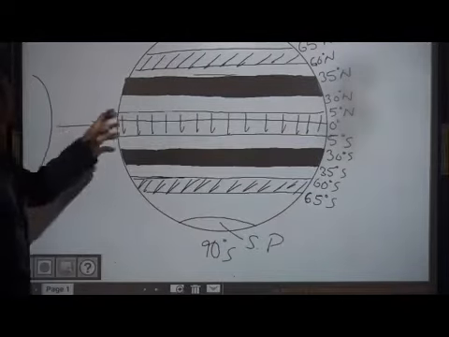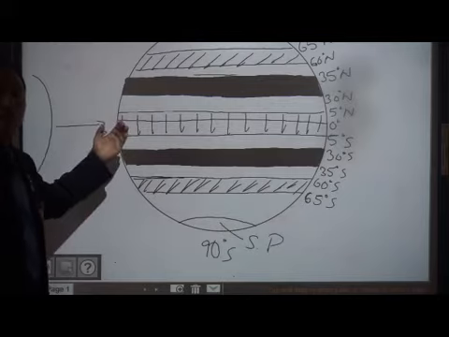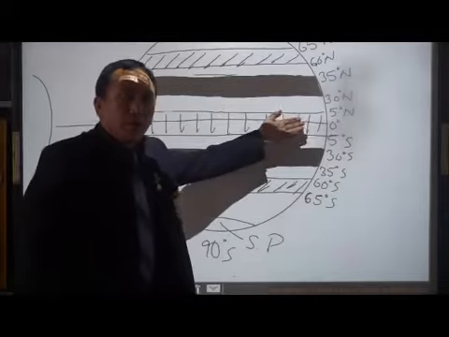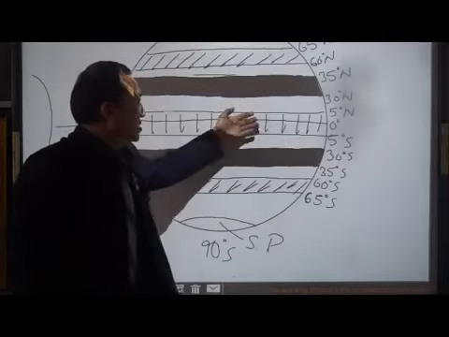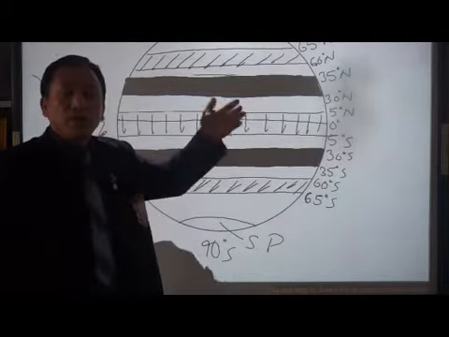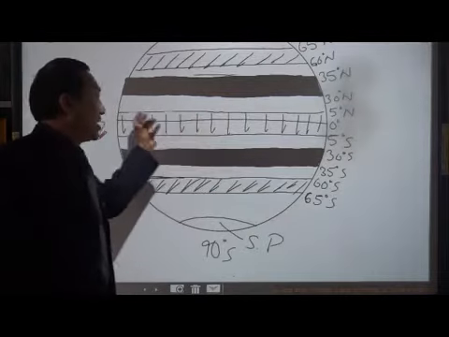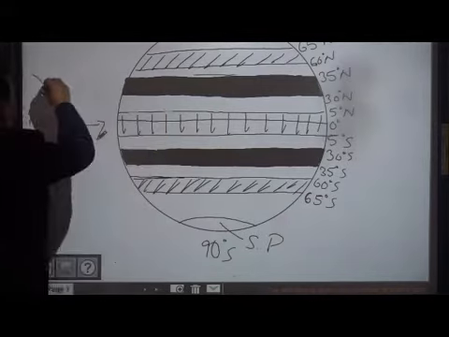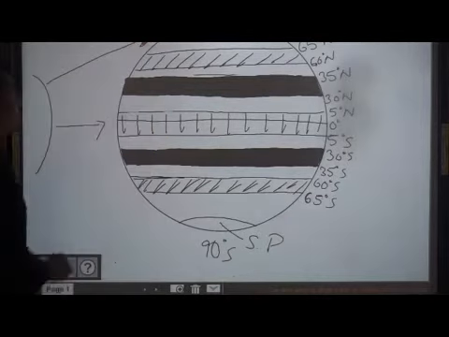Now here what happens is the sun shines with greater heat, and therefore this region becomes warm. And when this region becomes warm, this air starts to rise up into the sky, and therefore it creates a low pressure area.